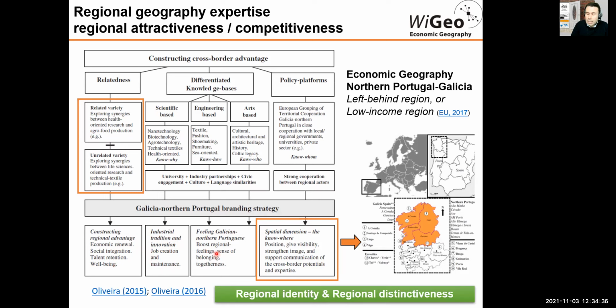It's also important that some of the pioneers within regional geography, mainly those from the French school, called attention to the sense of belonging and place attachment, this sense of togetherness, which exists, and different, more sociological studies touch upon these elements. There is a common understanding of belonging to this region, Galicia and northern Portugal. There is some common ground which can strengthen this regional geography.